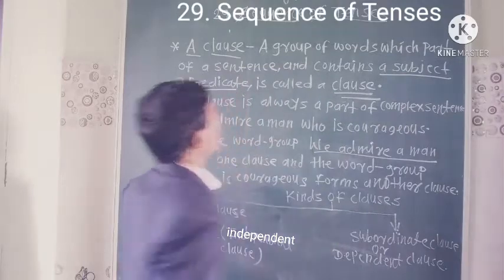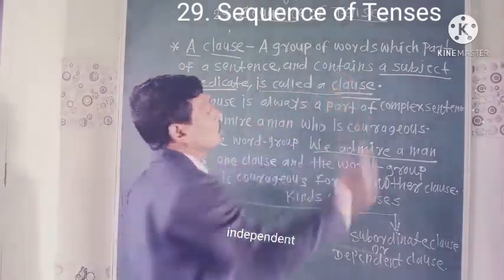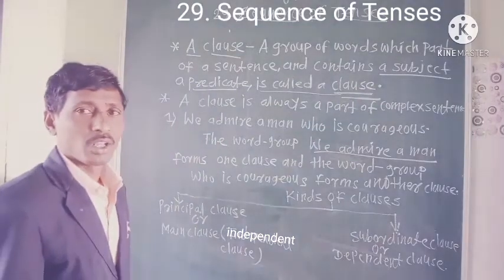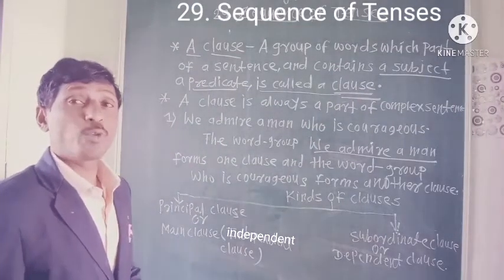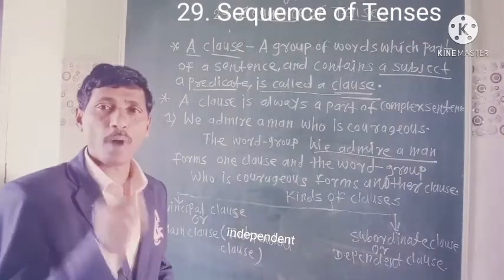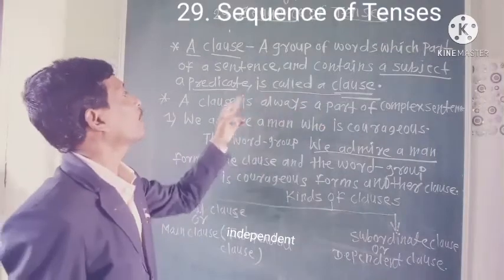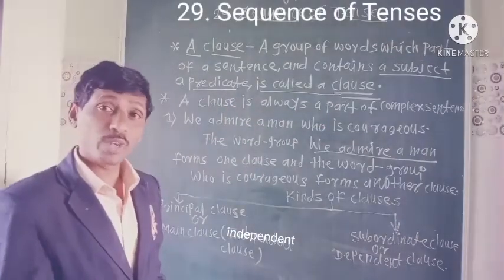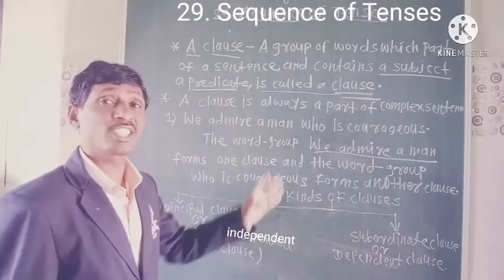Every sentence has two parts, subject and predicate, and is called a clause.